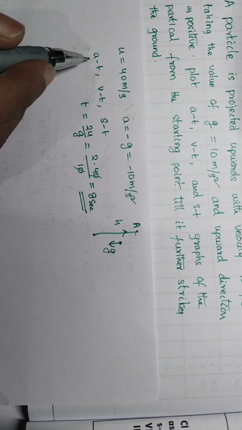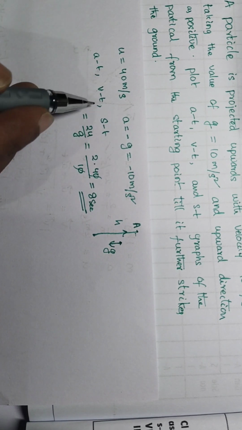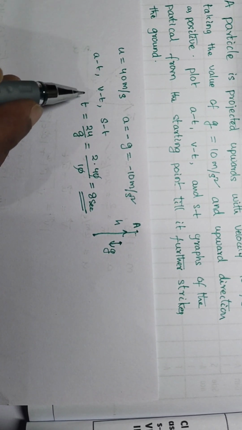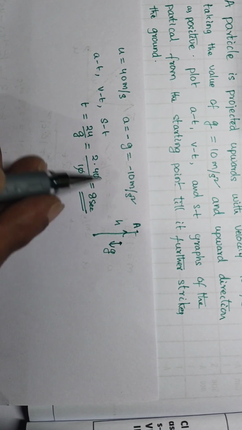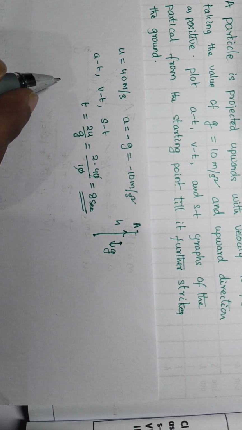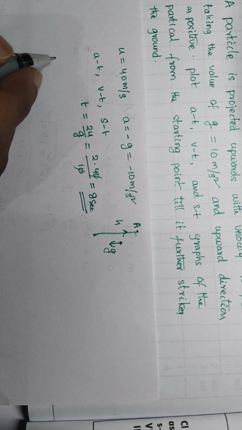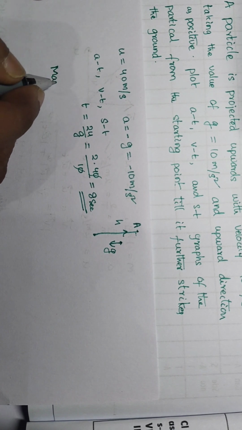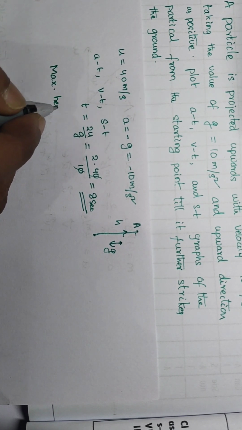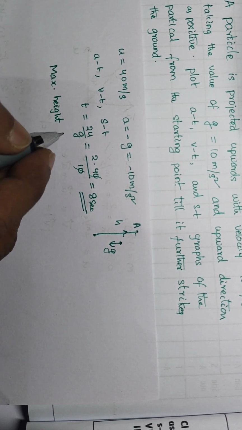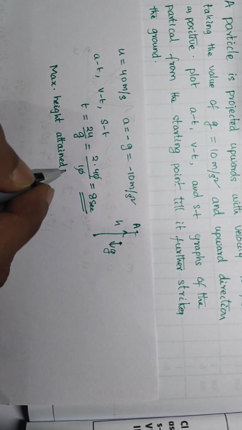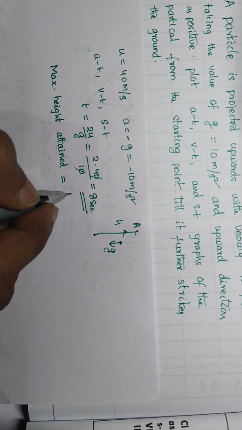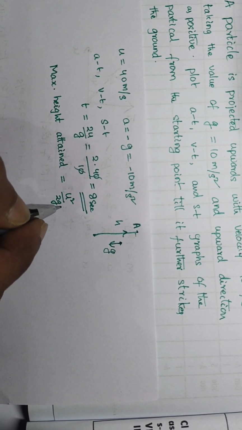So a is known here, t is known here, the velocity u is also known, and s means the height. The maximum height attained here is equal to u square by 2g.